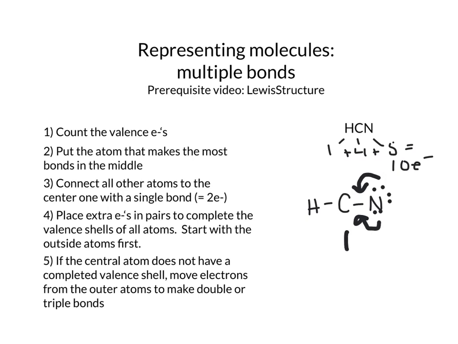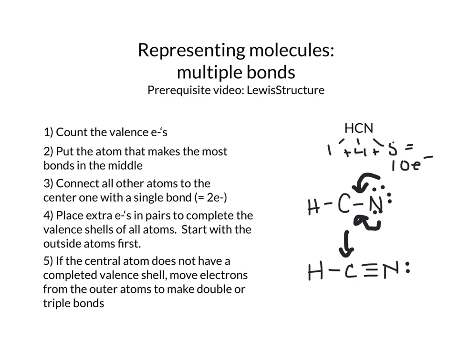So if I redraw that, I'm going to end up with a representation that looks like H-C triple bond N. Now I have 3 bonds between the nitrogen and the carbon, and I have only 2 lone electrons, or 1 lone pair on the nitrogen, because I've used 2 lone pairs to make an extra 2 bonds so that carbon will have 8 electrons around it.